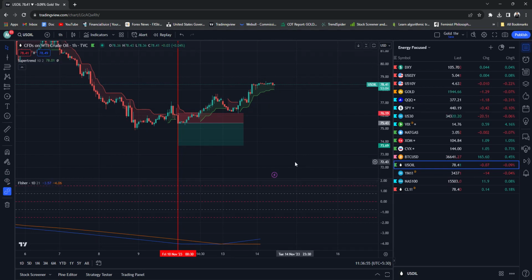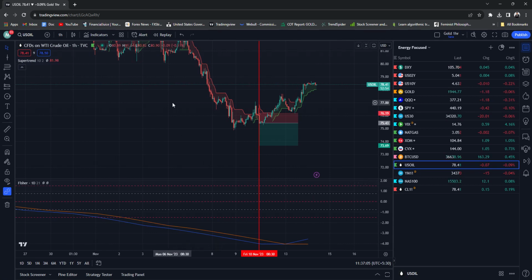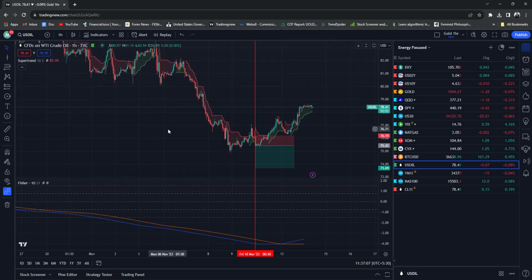So these are two trades that are explained here. Again, there is another style of trading, another style of entry, which I showed in the natural gas video, where we can take entries from supports or resistance if your Fisher is on your side.